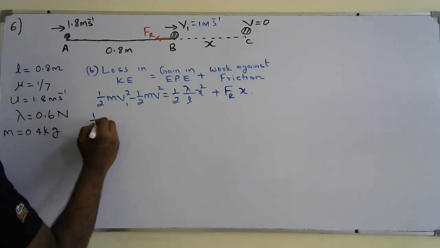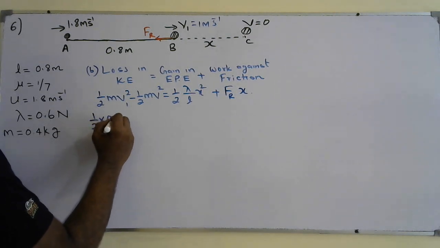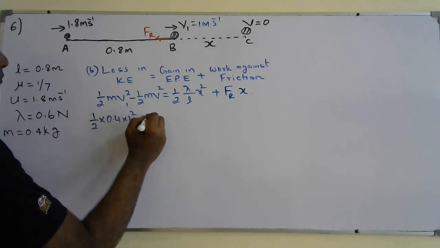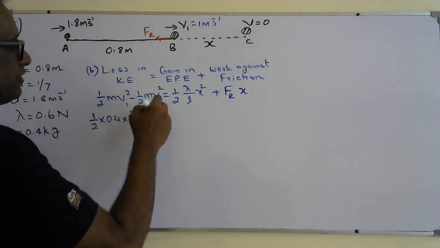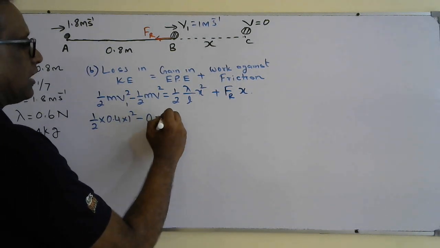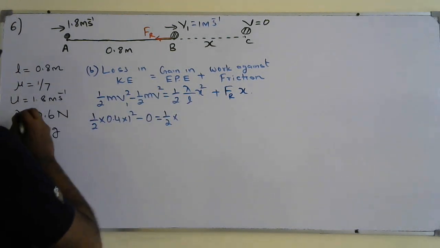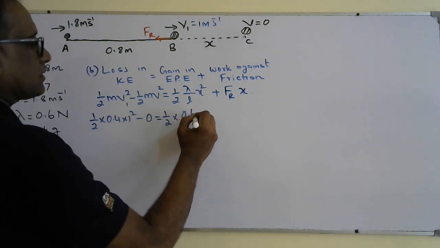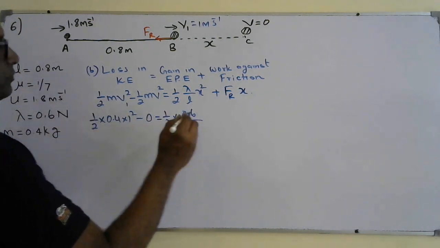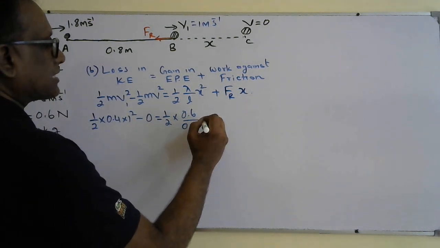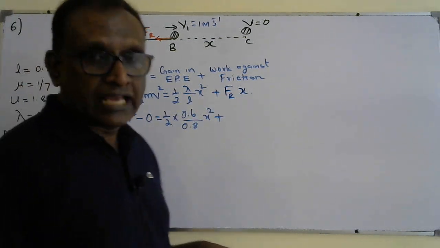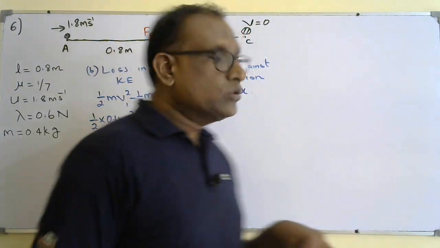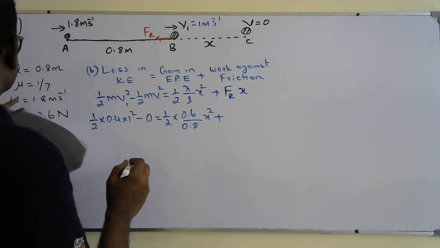So that's going to be half into 0.4 into 1 squared. I don't need to substitute m for the v part because v is 0. That equals half lambda, we know 0.6, over natural length 0.8, x squared, plus friction. Fr equals mu R, mu is given as 1 over 7.